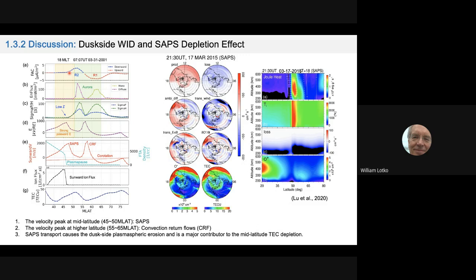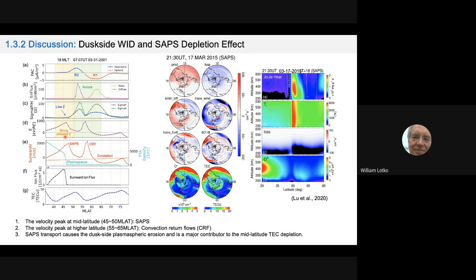Part of it's obviously closing in R2, but some of it must be closing at lower latitudes than R2. I'm just wondering what the source of that Pedersen current is at lower latitudes, or am I completely misunderstanding something here?